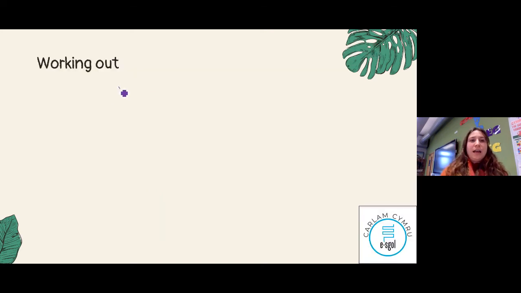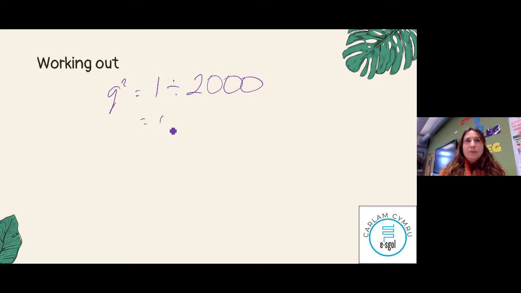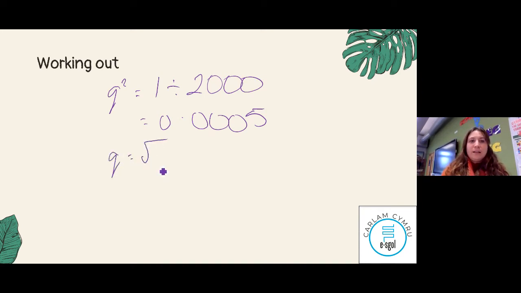So we're going to look at q squared, which is 1 out of 2,000. Take the number of the population that have it out of the number of the population, and this equals 0.0005. We then square root. You'll remember at the start we had the square root of this, which I've calculated already.